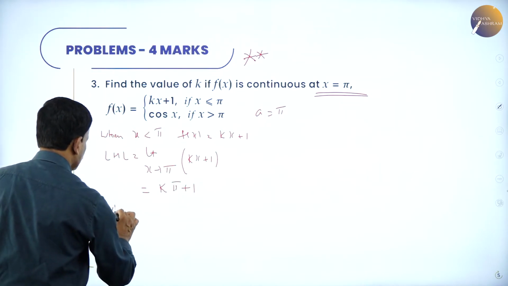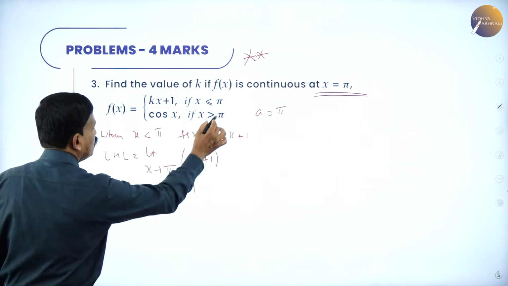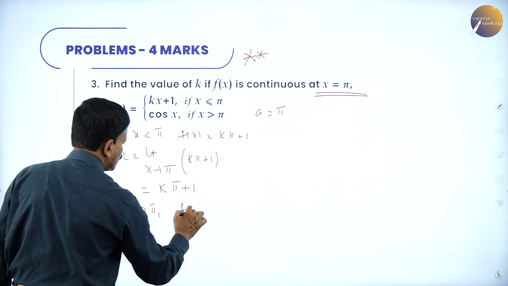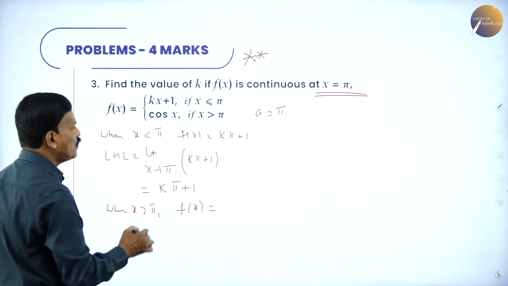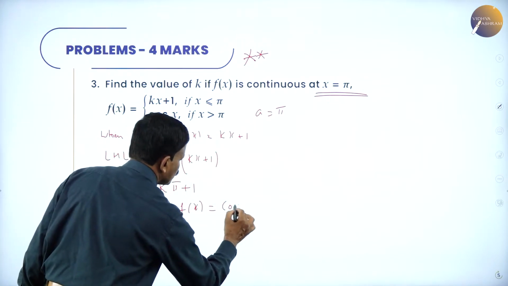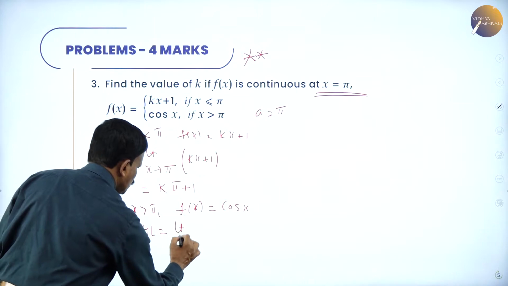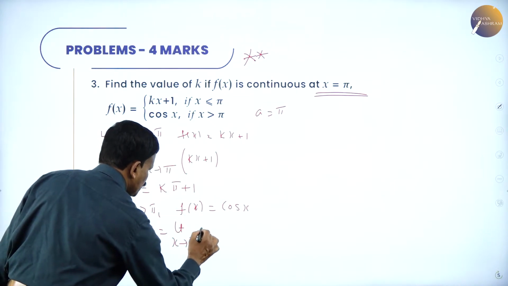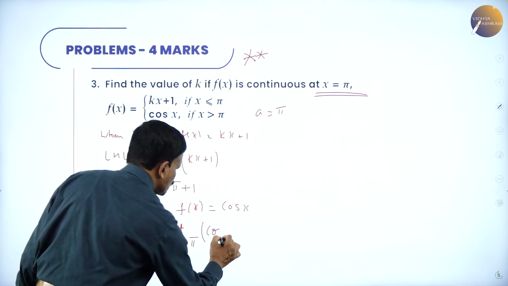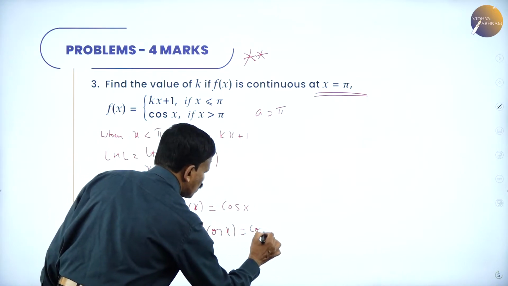Right. When x is greater than pi, you are going to get the right hand limit. The functional value f of x is defined by cos x. Now, therefore, the right hand limit RHL is equal to limit x tends to pi of f of x is cos x. So, what is this? Cos pi.